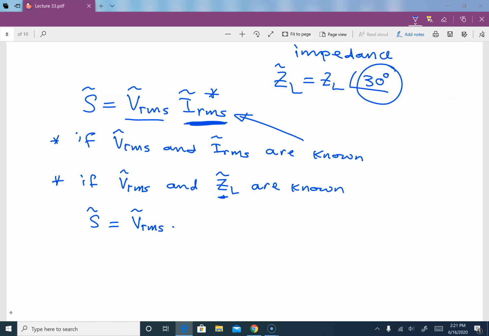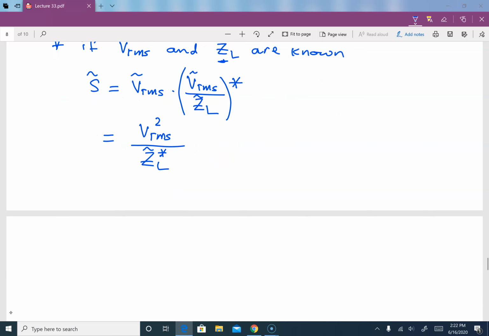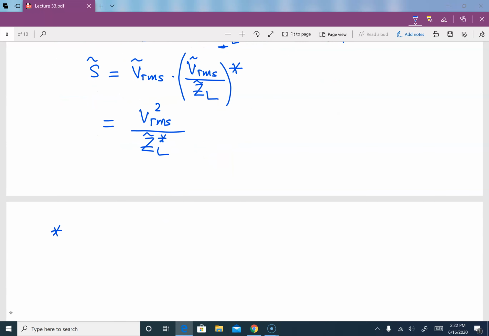So IRMS is equal to VRMS over ZL. However, the whole thing here is conjugate, to substitute for that current. So VRMS times VRMS conjugate will be VRMS squared divided by ZL conjugate.